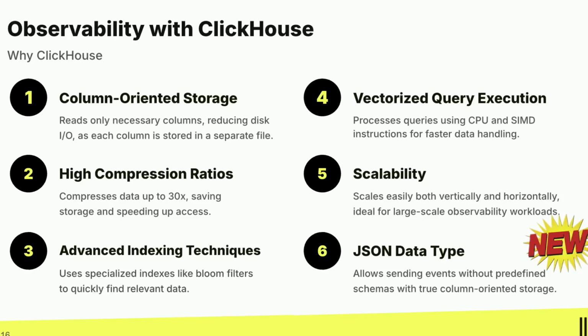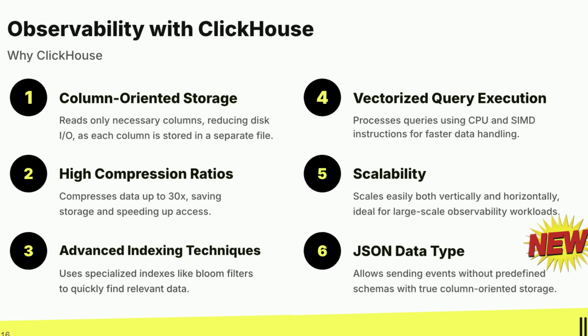And the last one, the new one, is our new JSON data type. This new JSON data type is really a game changer for ClickHouse, because you can send your events without a predefined schema.